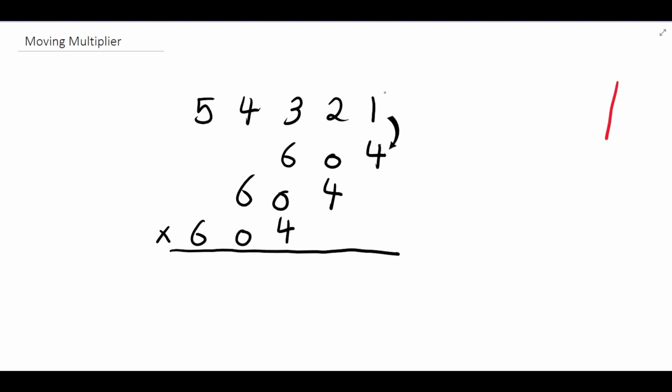So 1 into 4 would give us a 4. Next crosswise. So 2 into 4 plus 1 into 0, so 8. Then 3 into 4, 1 into 6 and 2 into 0 for our three-way crosswise.